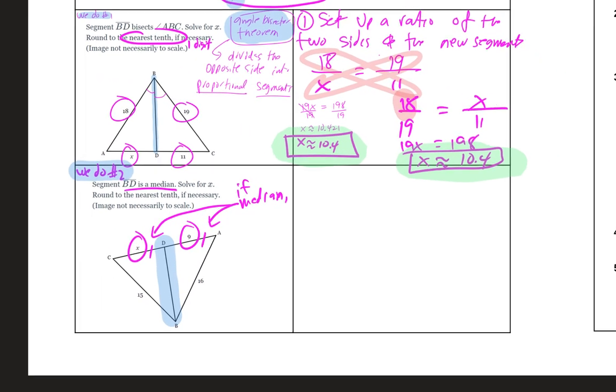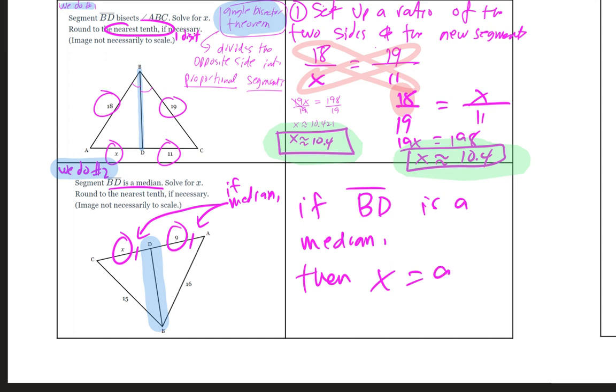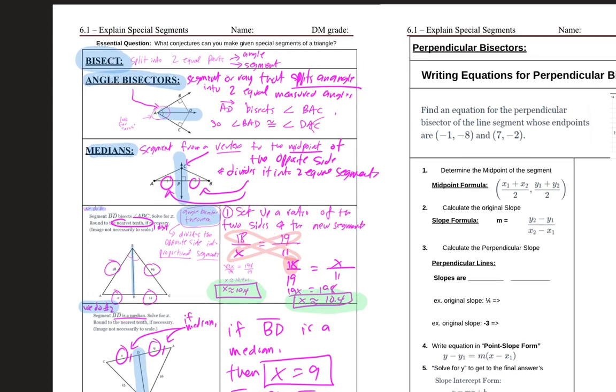Given that information, if segment BD is a median, then x has to be equal to 9, because if they equal each other, CD has to be congruent with DA. If that's a median, that means it cuts those into two equal parts. So that's the basics of those two items, angle bisector and median.